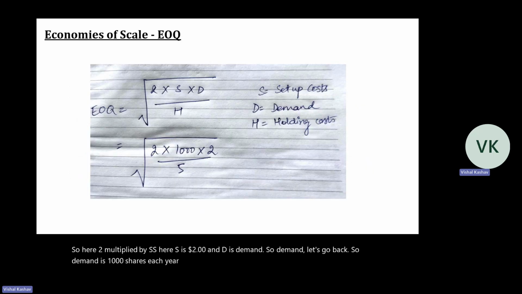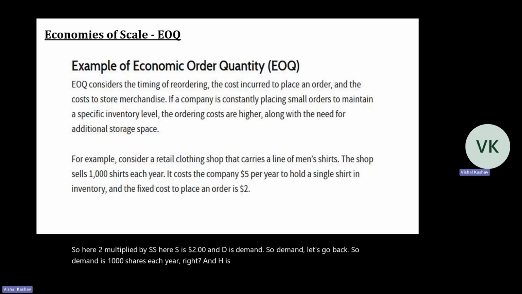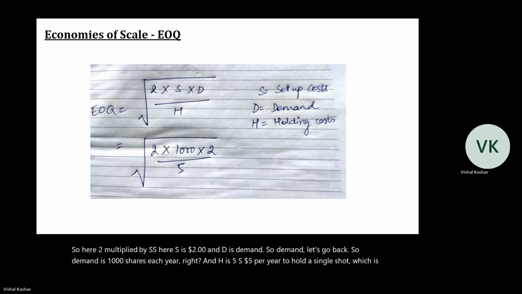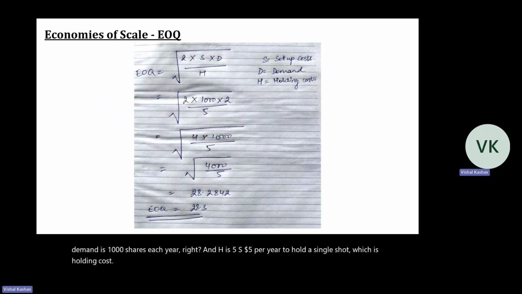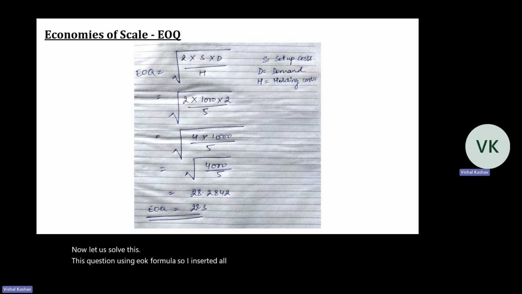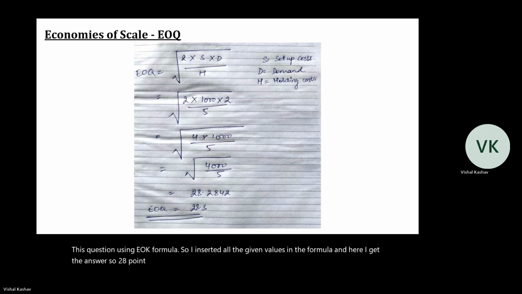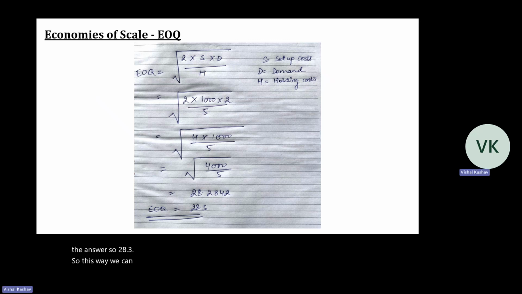And H is 5, so $5 per year to hold a single shirt, which is holding cost. Now let us solve this question using the EOQ formula. So I inserted all the given values in the formula, and here I get the answer: 28.3. So this way we can solve, or we can find economic order quantity.